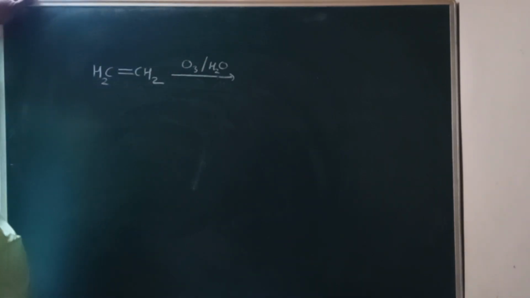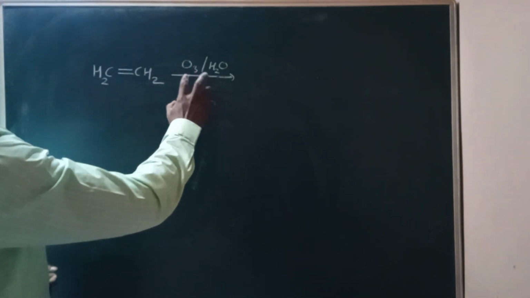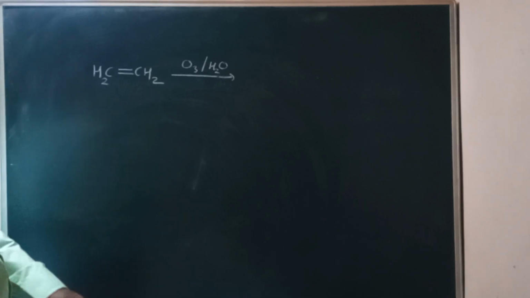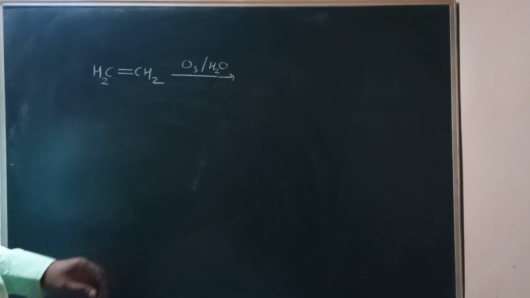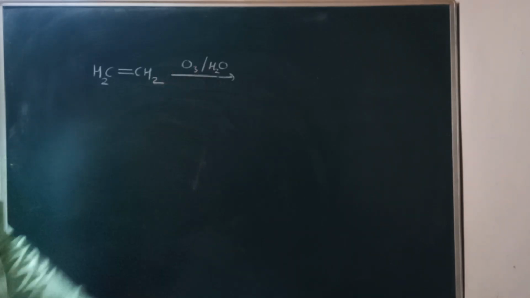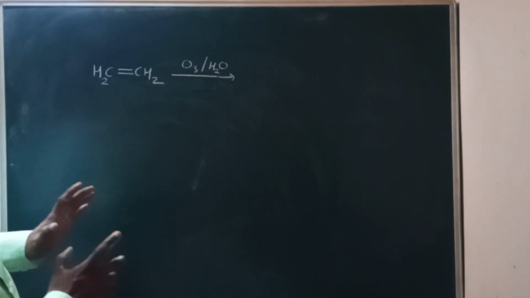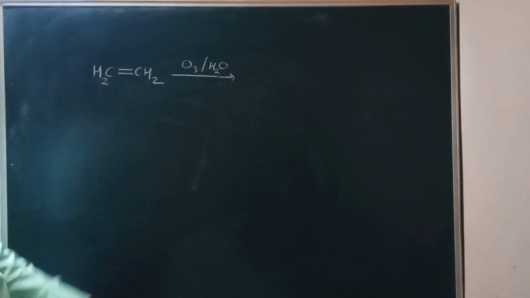You'll be supplied with only reagent. Okay, so it's a reagent, meaning with the help of this, you must be in a position to identify the type of reaction. So if you find this type of condition on the arrow, then it clearly indicates that it's an ozonolysis reaction.